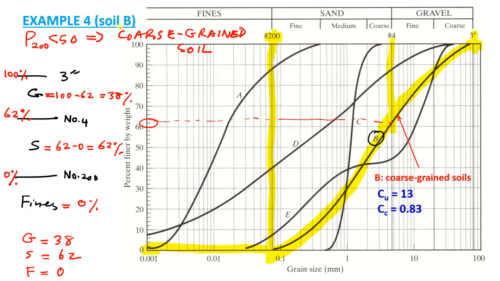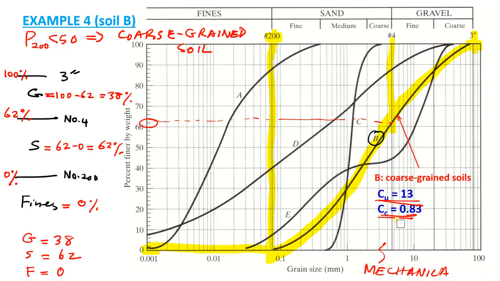One more thing: because the fines are less than 12%, we have to carry out Cu and Cc. So you can check yourself. I have already calculated Cu and Cc. And by the way, this page is from the chapter on mechanical analysis. If you see that chapter, you are going to find this graph over there.